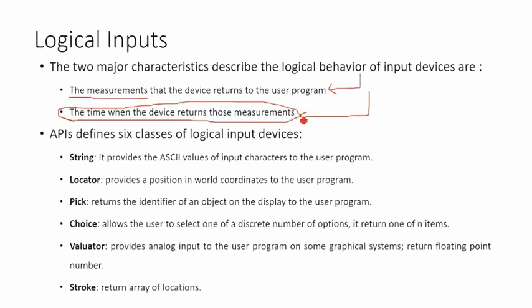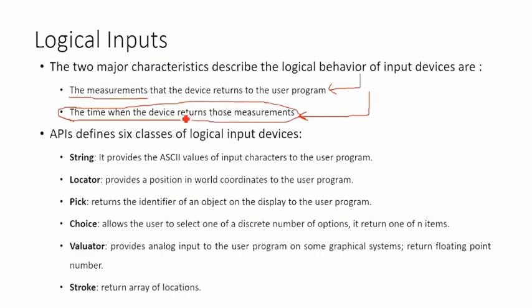When you press enter. That is the time when you return the data back to your user program, and that is also called the trigger. In this example with respect to a string, pressing the enter button is your trigger, or the time when you return your data.